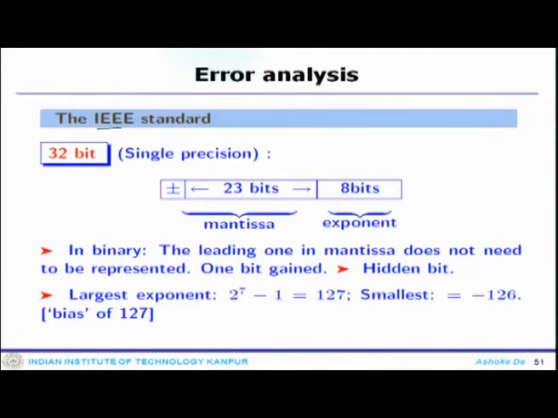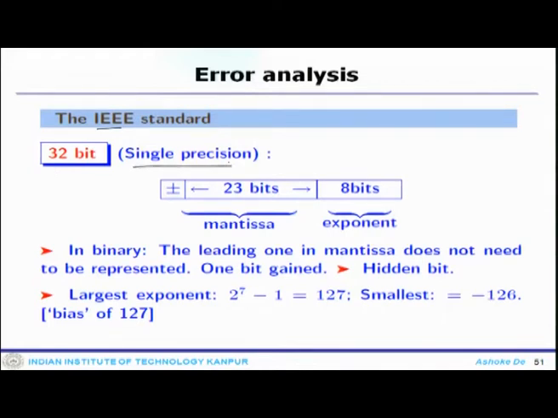So, if you have 32-bit precision, which is pretty much not available today in most desktop computers, because everything is more or less a 64-bit system, which is a single precision system.